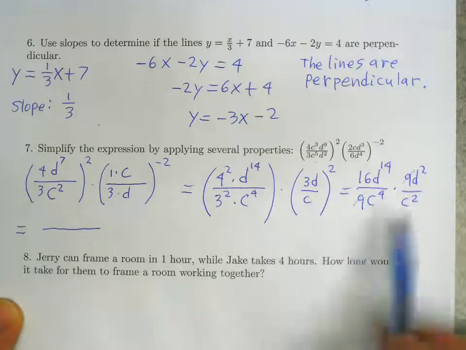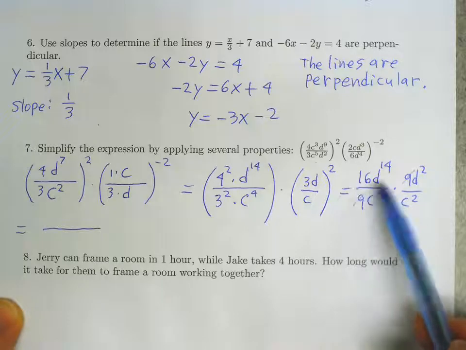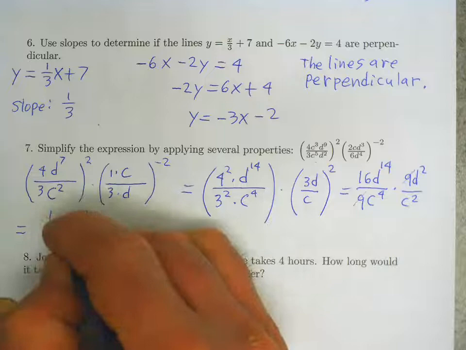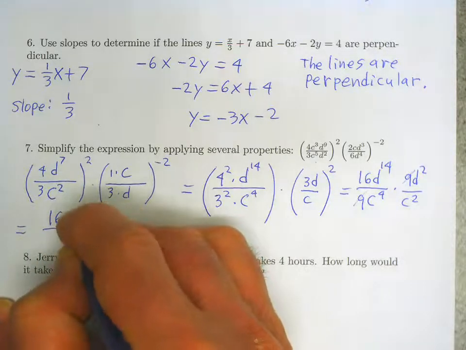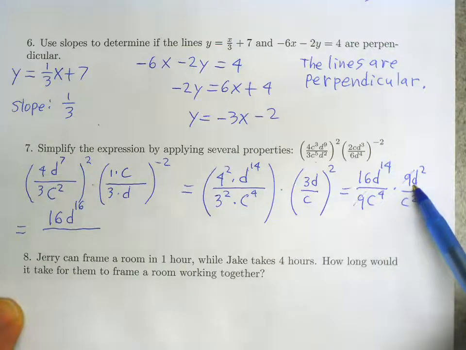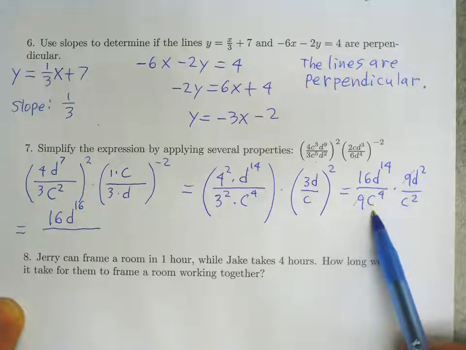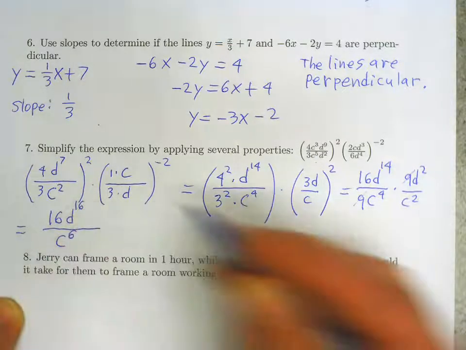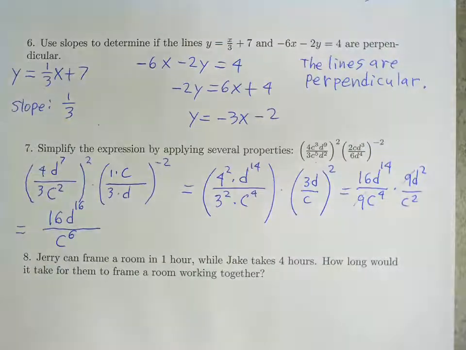And so we're just left with 16 d to the 14th times d to the second. So the numerator is 16 times d to the 16th, because we add the exponents on d when we multiply those. And in the denominator, c to the 4th times c to the second is c to the 6th. And that's as far as we can simplify that.